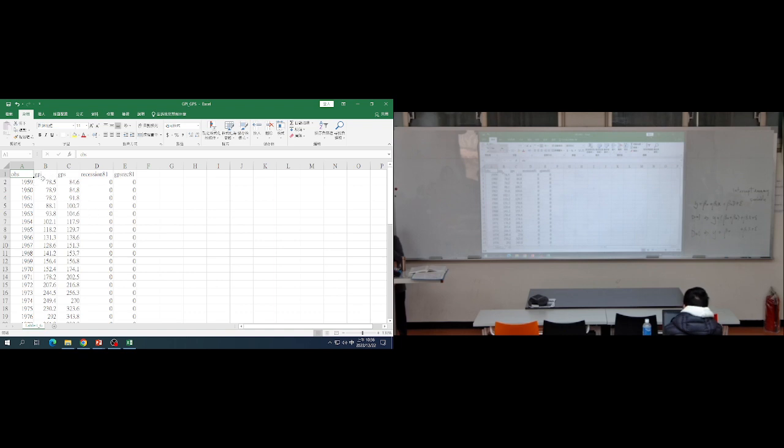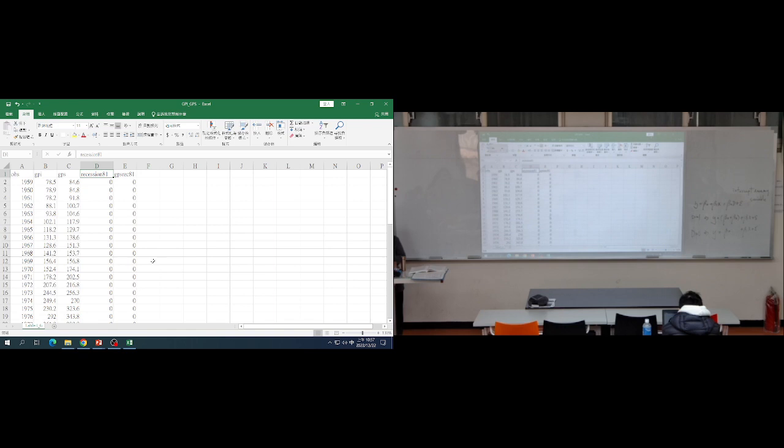GPI is gross public investment, and GPS is gross public savings. And recession here uses after 1981 as the recession period.